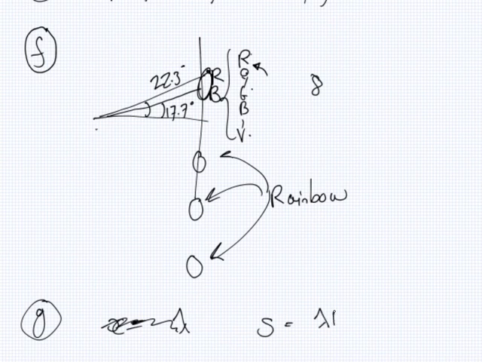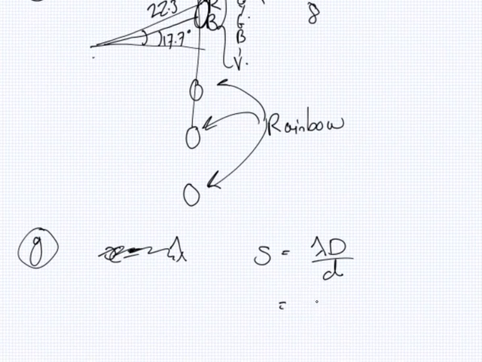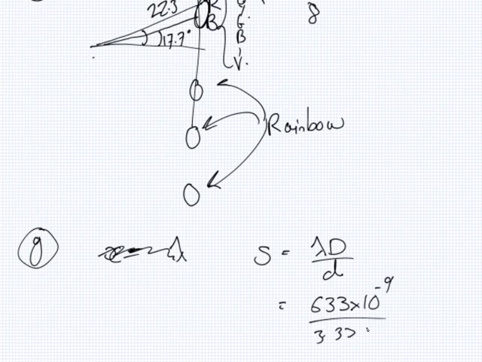D. Or this way around? Yeah. For which color, Andrew, sorry? Red. Red, which is 633 nano. And the D is 3.33 micro. And what's the distance between the... 1 meter? Yeah. Nice.